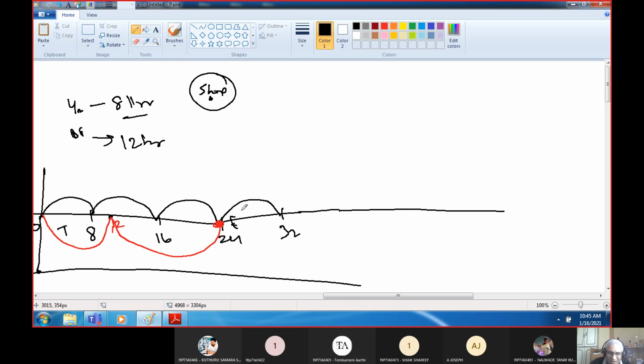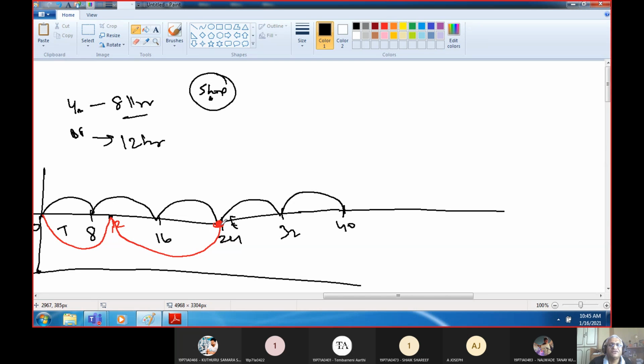So this is a common sense problem. When do you meet again? This is 8, no, 24, 32. Then here the next thing is 40. Now what happens here? So here this is 12, and then 12 plus 12, 24.